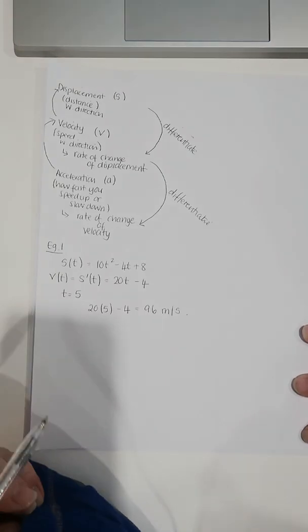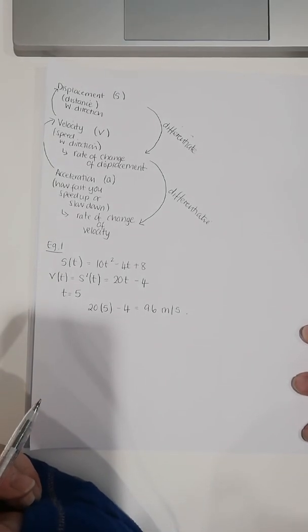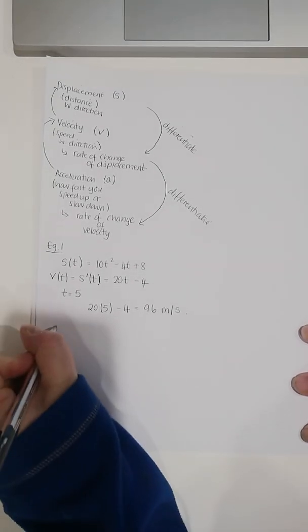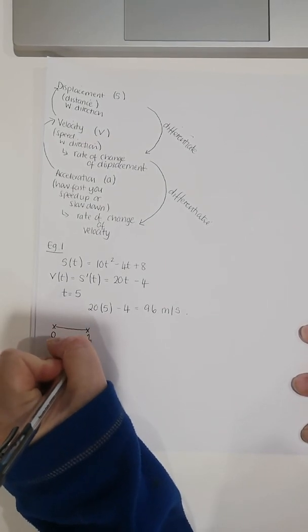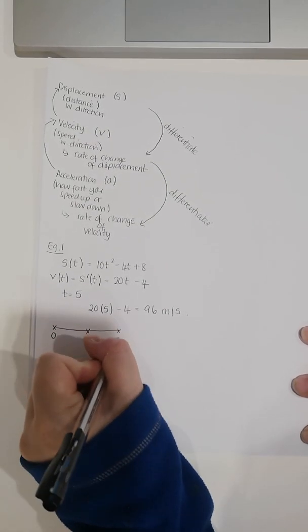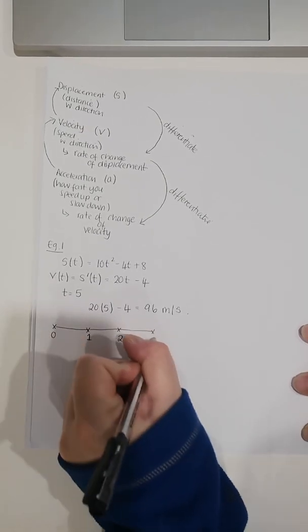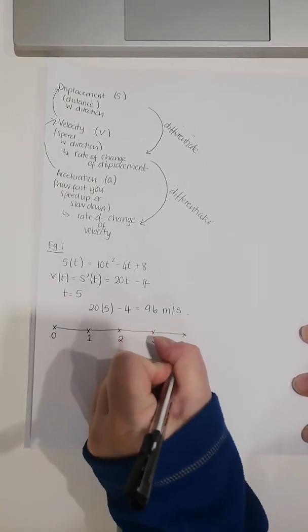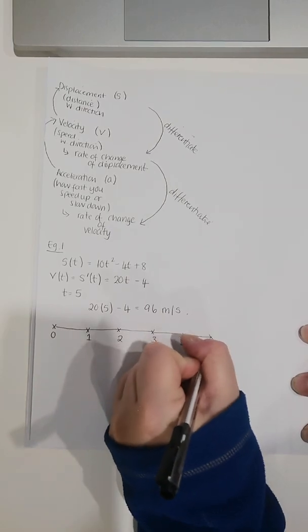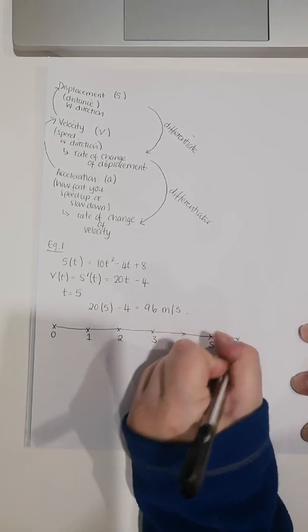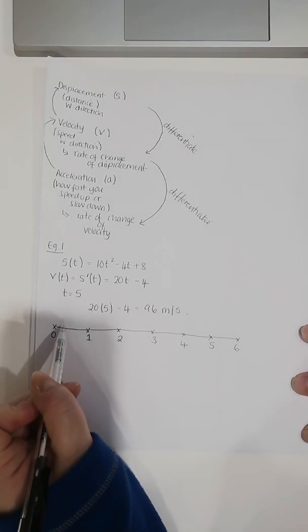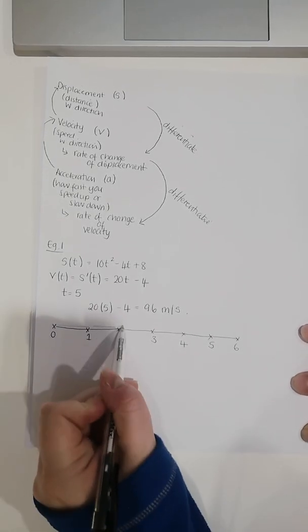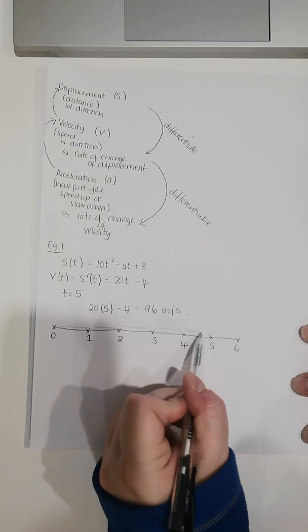Now, something to think about in kinematics is this notion of time and where we start. So we start at 0, and then 1 second, 2 seconds, 3 seconds, 4 seconds, 5 seconds, 6 seconds. And they said at the end of 5 seconds. So that's 1, 2, 3, 4, 5.